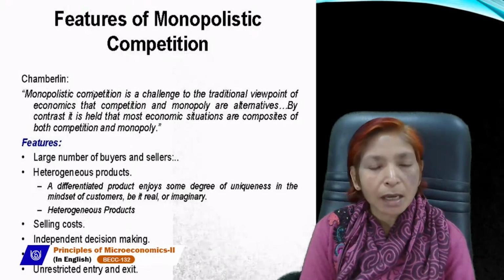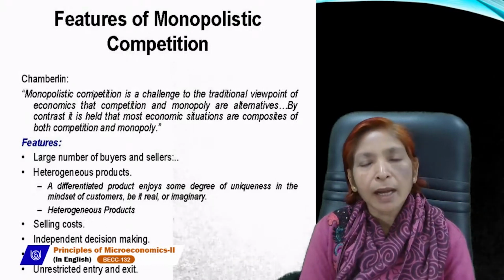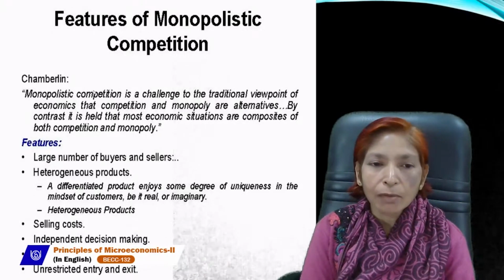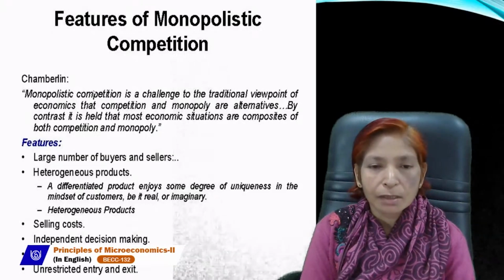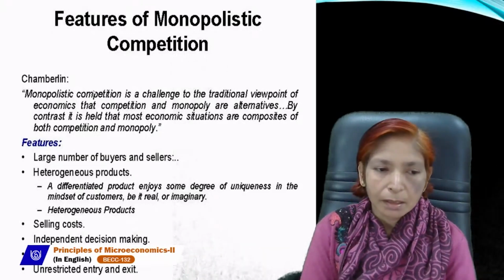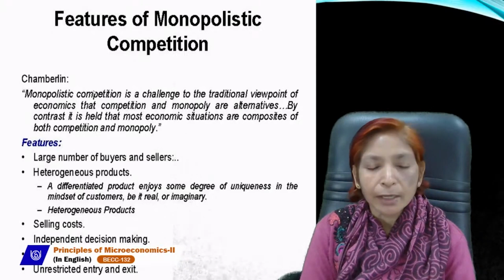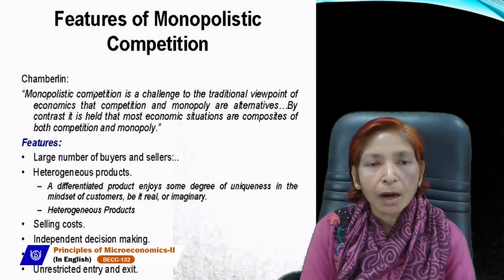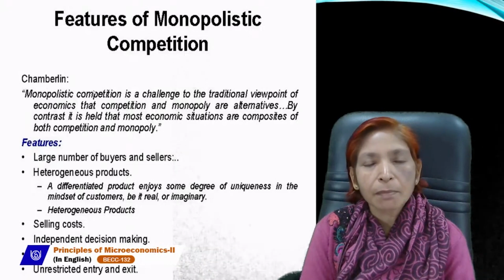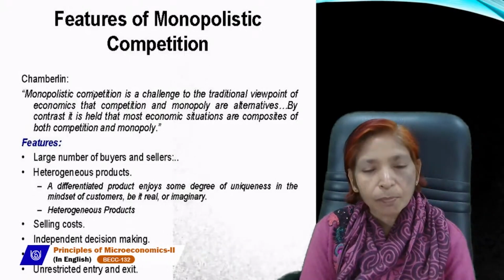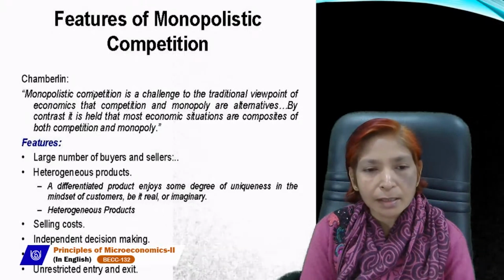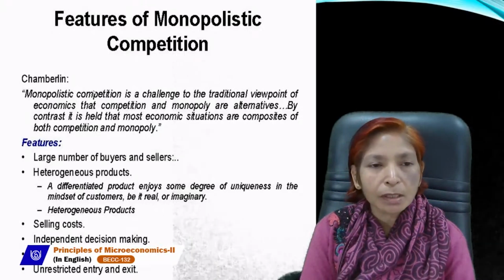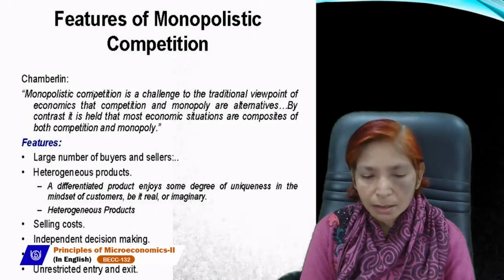If price is the same and product is the same, then consumer and producer may have perfect knowledge about the market. But when products are heterogeneous and prices are different, how can we say that there is perfect knowledge? So, perfect knowledge can't exist under a monopolistic competition market.